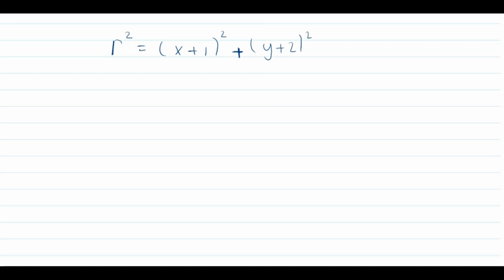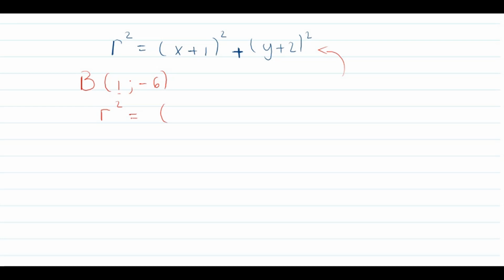So let's work with the other point given to us, point B, which is 1 and negative 6. We simply substitute that to get our r squared: where you see x, you put 1, so 1 plus 1 all squared, plus, where you see y, you put negative 6 plus 2 all squared.